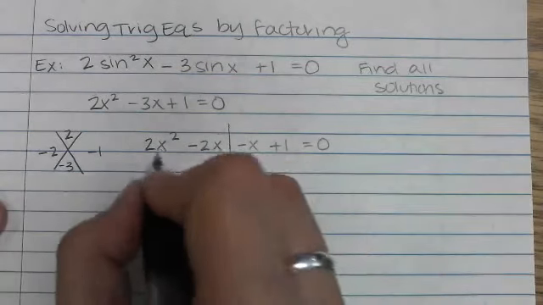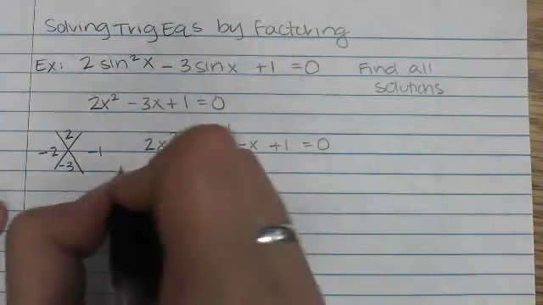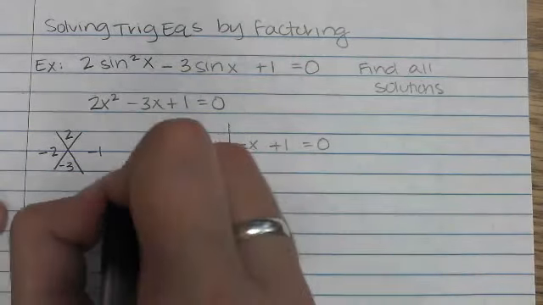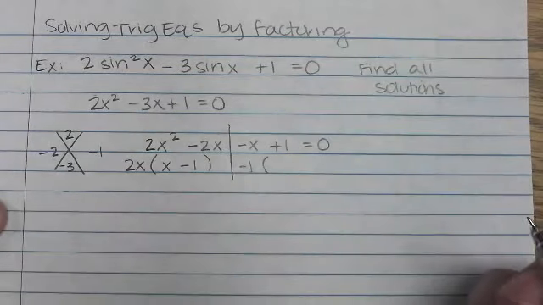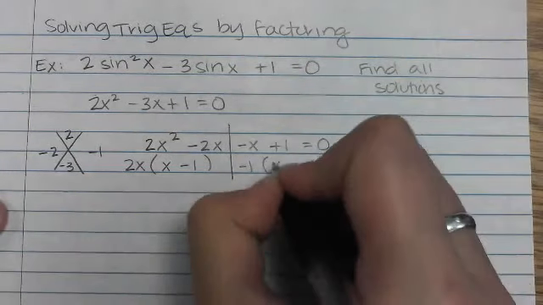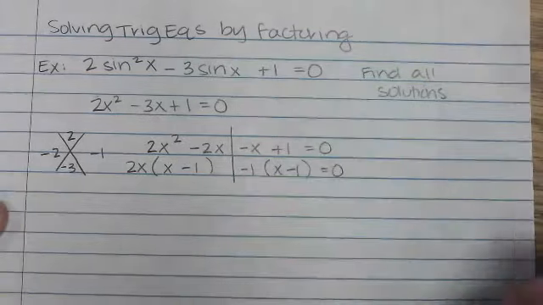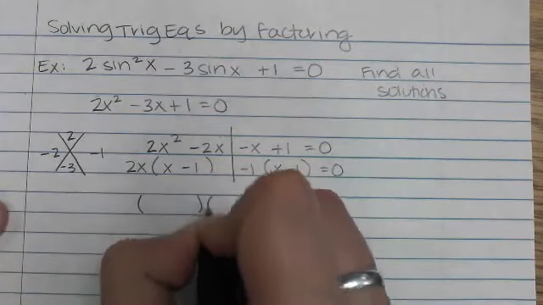Factor out the GCF, right? So what's the GCF over here? 2x, and then what's left over? X minus 1. What do you guys think the GCF over here is? Negative 1, good. And then what's in the parentheses? X minus 1.